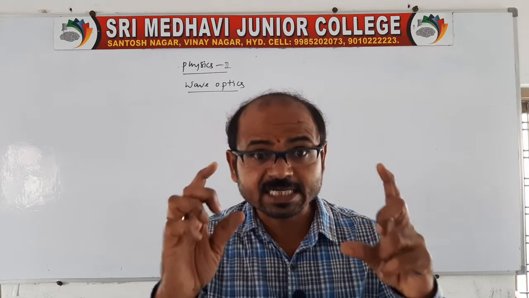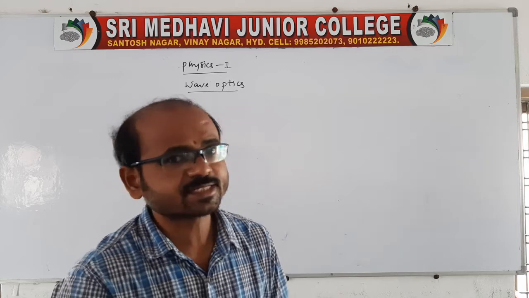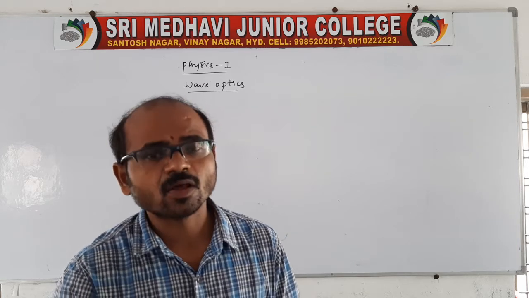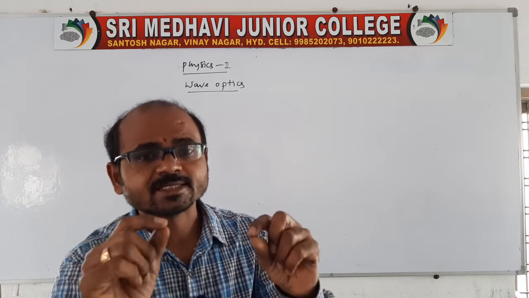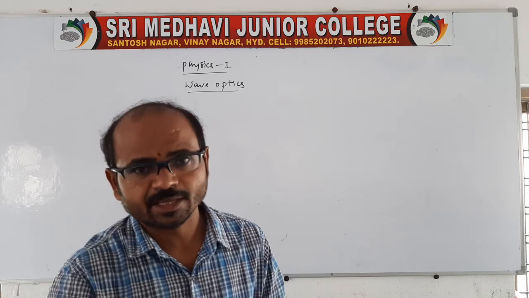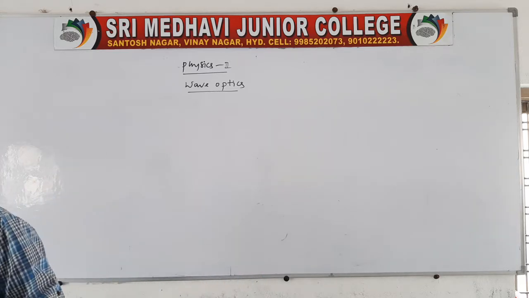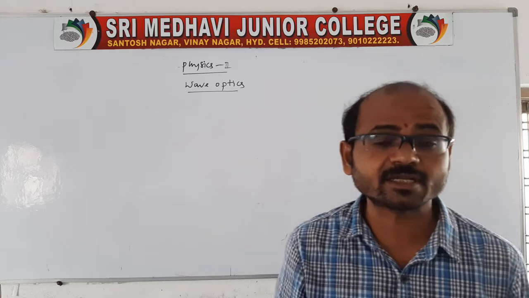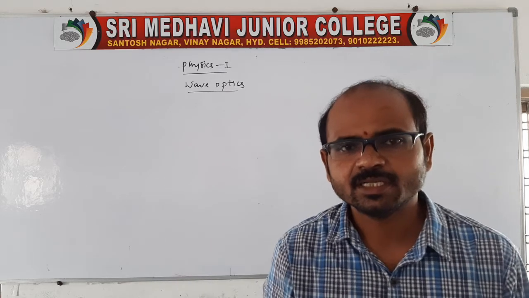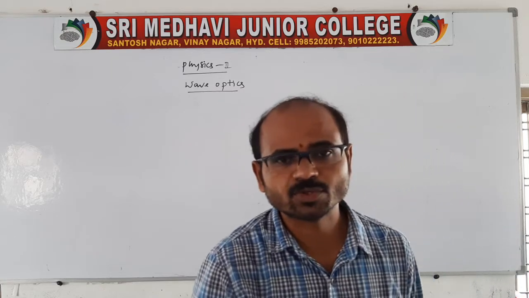We cannot see clearly with the human eye if they are at a long distance. Here optical instruments are required to separate the images. Those optical instruments are the telescope and the microscope.